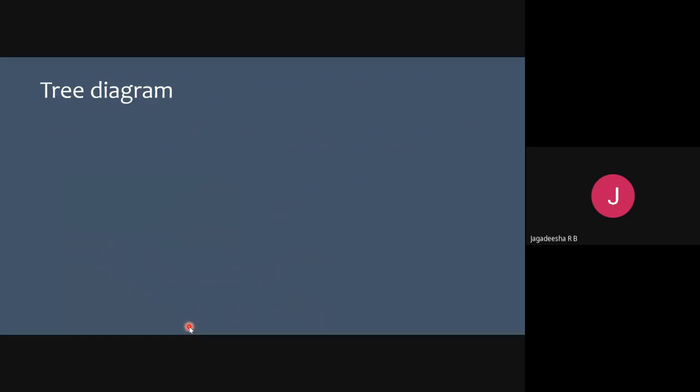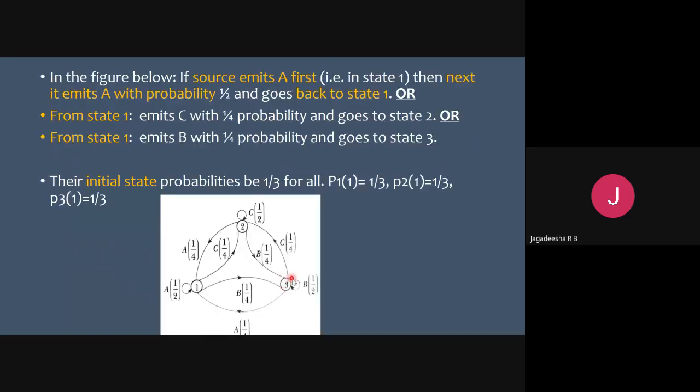From state 3, it can go to 2 by generating symbol C. It can go back to state 3 by emitting symbol B, or it can go to state 1 by emitting symbol A. That is what we are going to write: A, C, and B. That is 1, 2, 3.